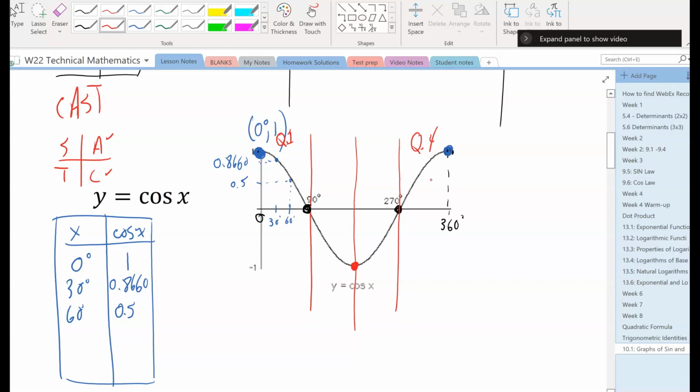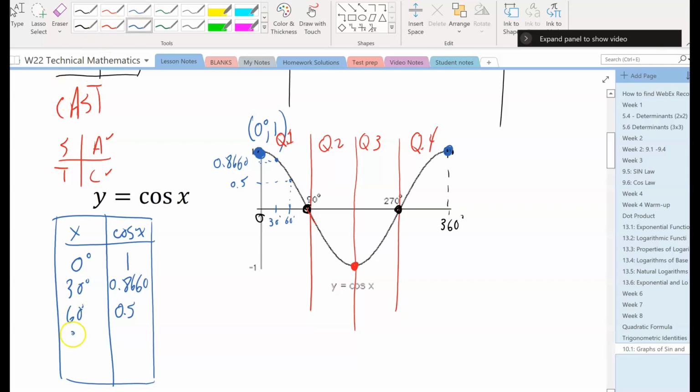And look where it goes up above 0, quad 4. That means it's negative in quad 2 and 3, and it goes down below the x-axis. I'm just trying to tie things that you've seen before into why the graph looks like this too.